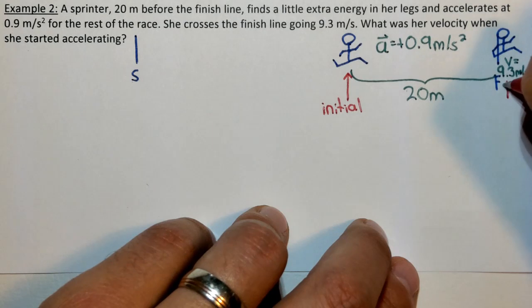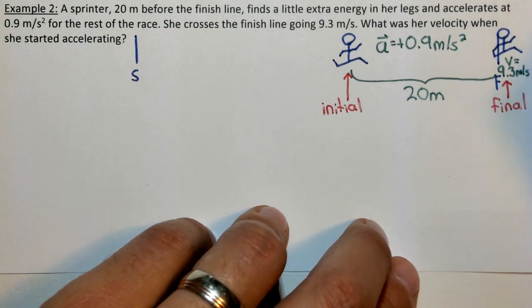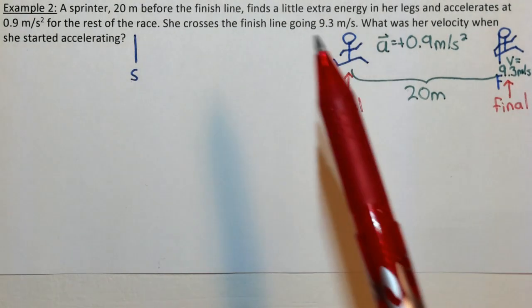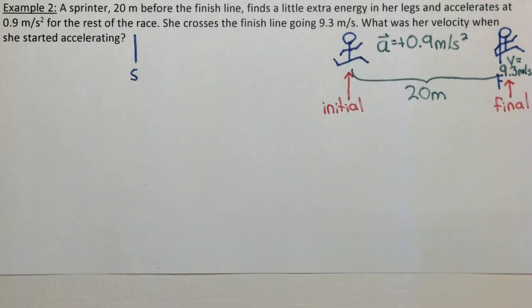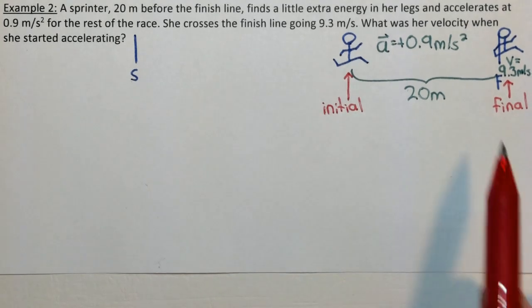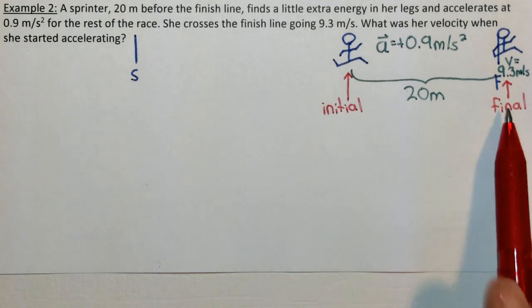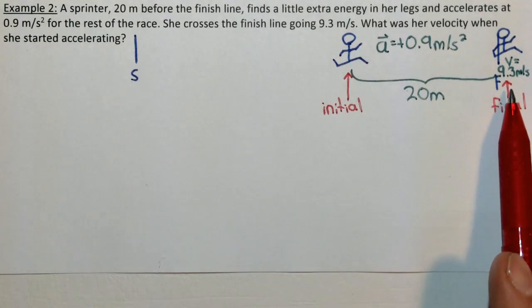And this, when she crosses the finish line, is going to be final. So that means when I measure time, it's going to be the time from here to here. When I measure displacement, it's going to be the displacement from here to here. When I talk about initial velocity, it's the velocity here. When I talk about the final velocity, it's the velocity here.